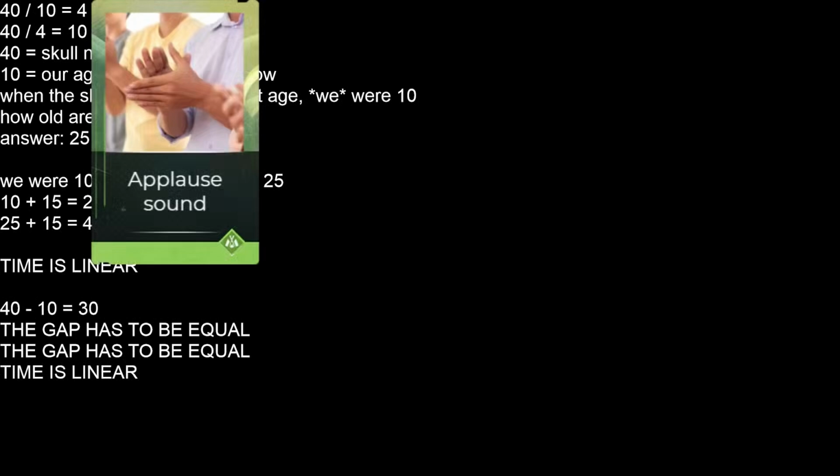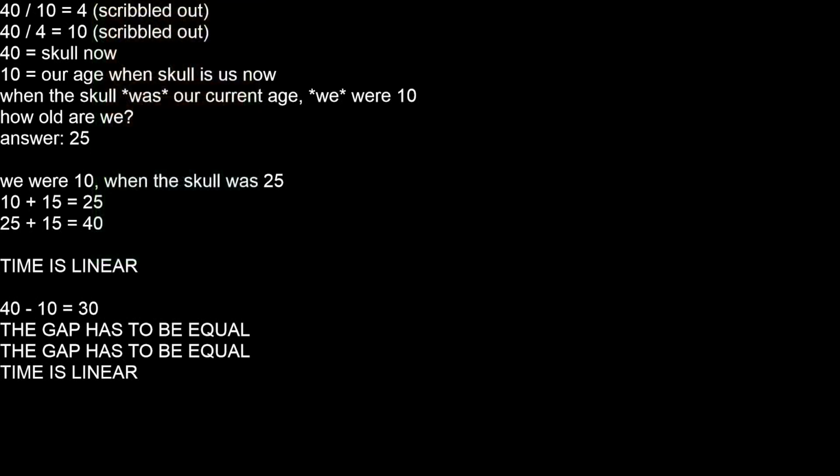If the change is applying to both of us, that means the gap has to be equal. And that means we both have to have aged 30 divided by 2, which is 15, which means we have to be 40 minus 15, 25.